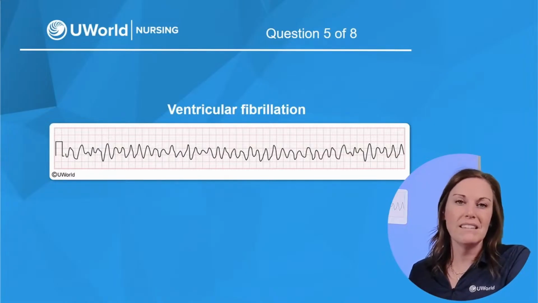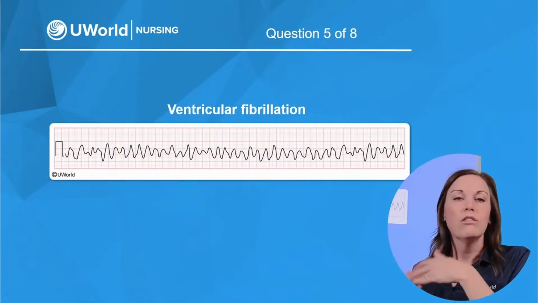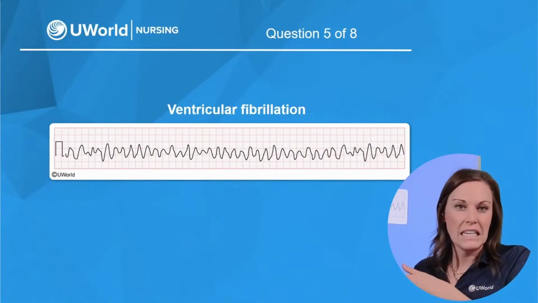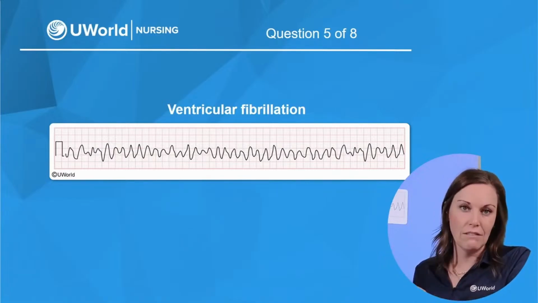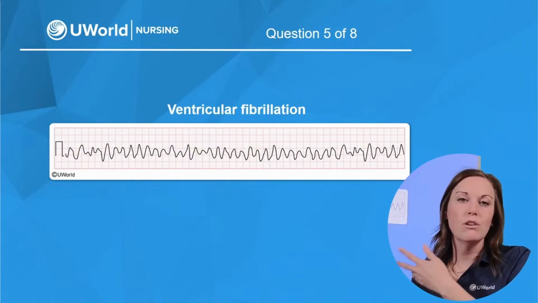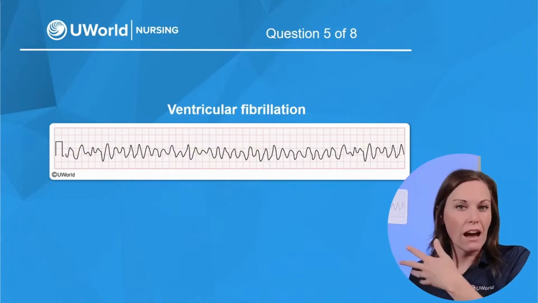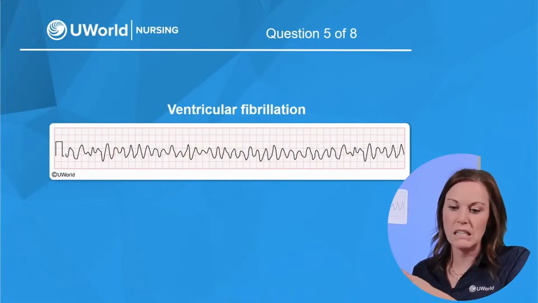What you're seeing here, there's no P wave, so we're not seeing any type of electrical activity in our atrium. There's no QRS interval. Everything's unraveling. It's very disorganized, not predictable.